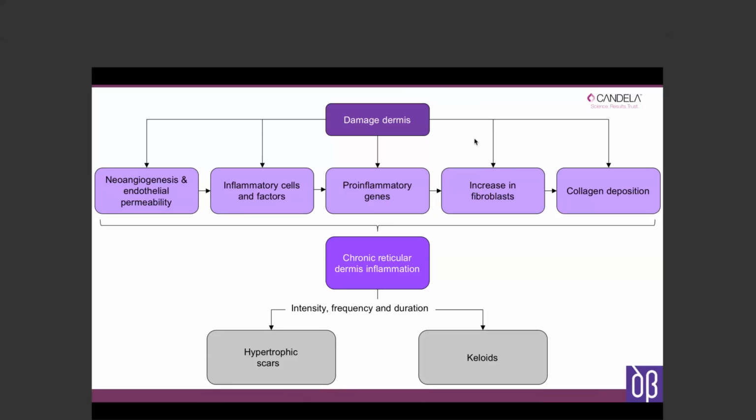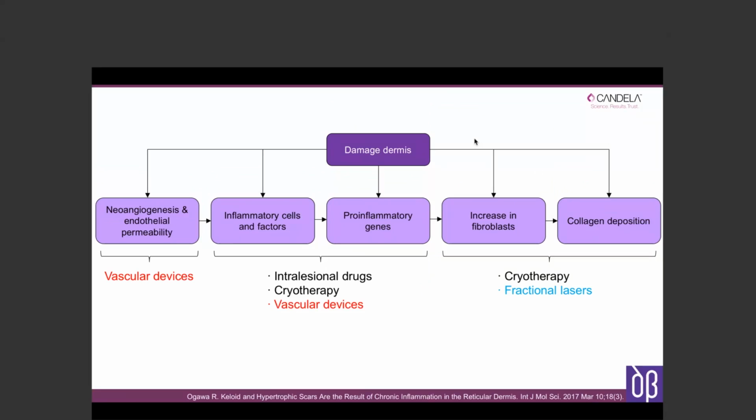If we take a look at what devices or techniques we can use to treat scar tissue formation, we have these ones appearing here. In the very beginning of the damage of the dermis, we can use vascular devices to regulate the new vessels appearing there and their permeability.